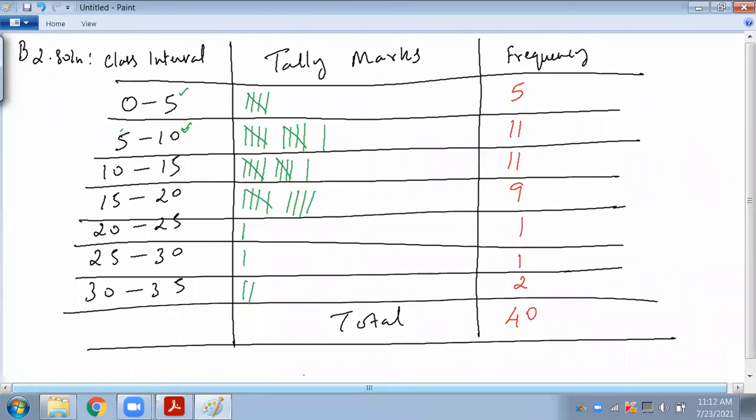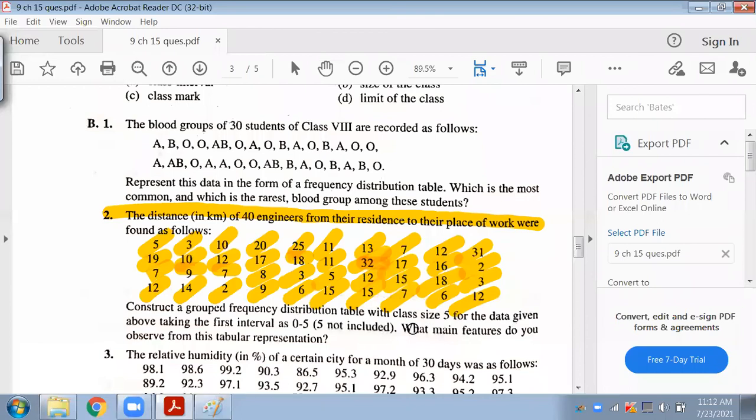Okay, then there was one part of the question: what is the main feature you observe from the tabular representation?